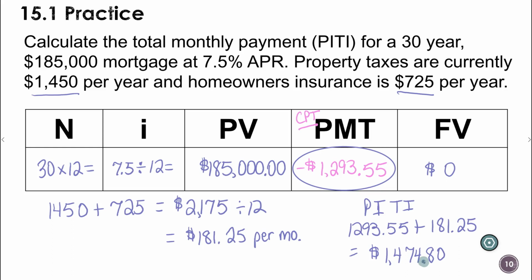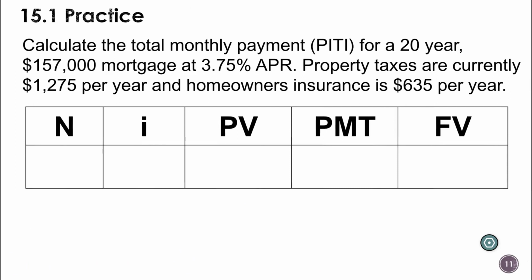It's not reasonable to pay more than your mortgage payment per month for your taxes and insurance. Make sure that your numbers make sense when you finish this problem so that you haven't done something incorrectly. So PITI is this amount. Often students put the whole amount on the monthly payment, so that's what I'm talking about.